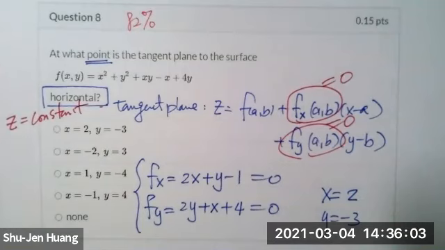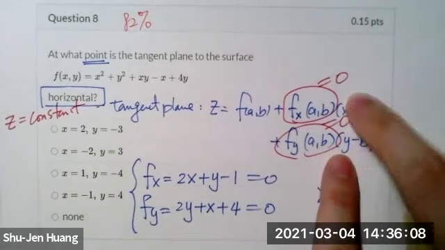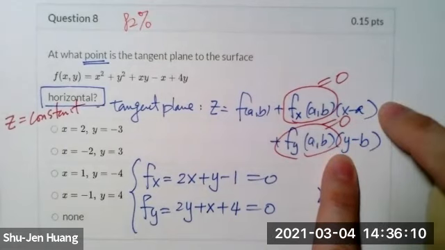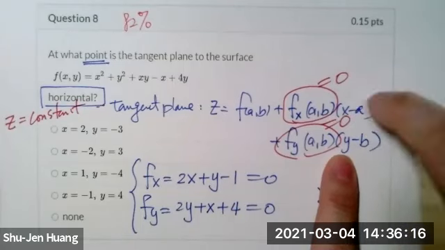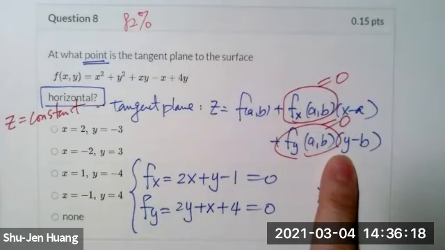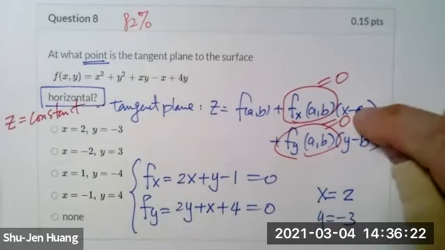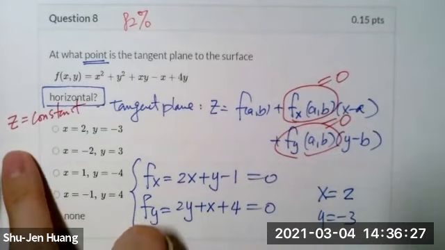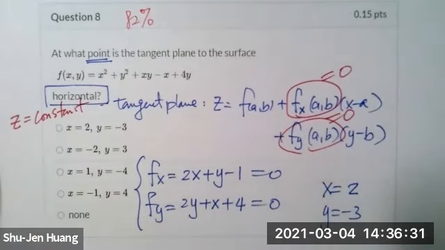If there's no x and no y, then the coefficient has to be 0, because we have x minus a here. In order to get rid of x minus a, the coefficient has to be 0. If it's non-zero, you have something times x, but we don't want x and y in this case because it's a horizontal plane. Is that good? Yes, I understand it more.